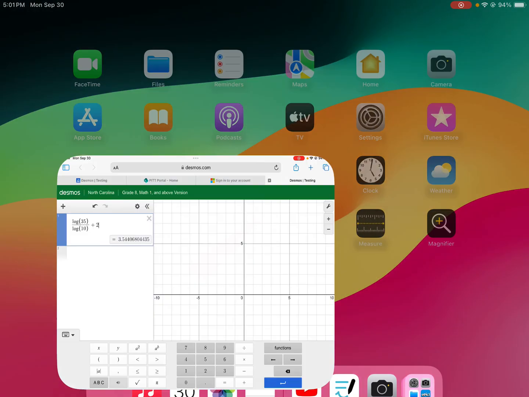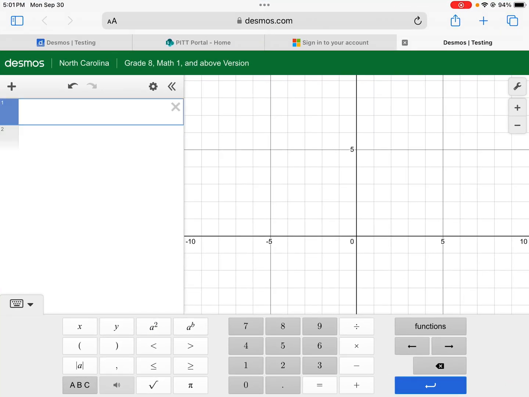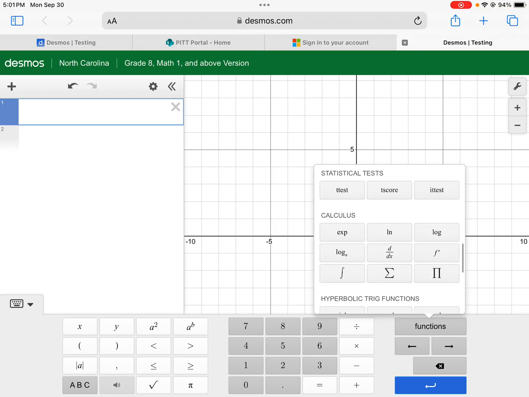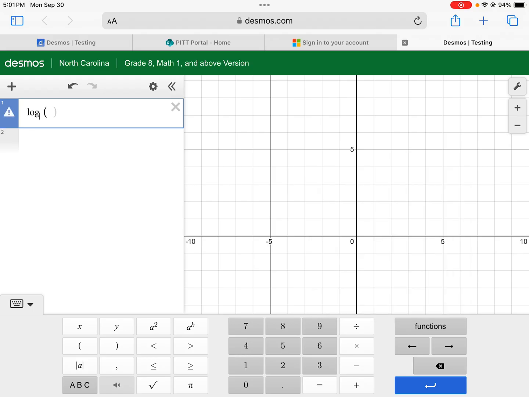So let's go in Desmos again, go under functions, get the log with the base of a, so log base 10 of 35, oops. There we go. And again, I'm not going to round any of that.